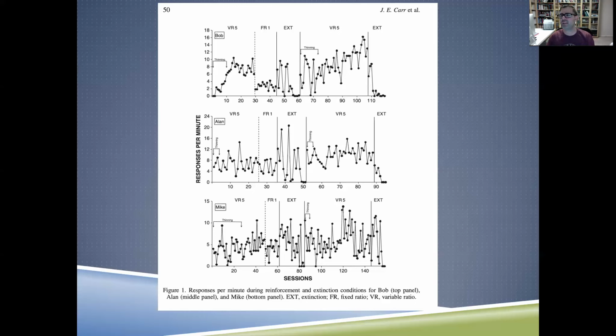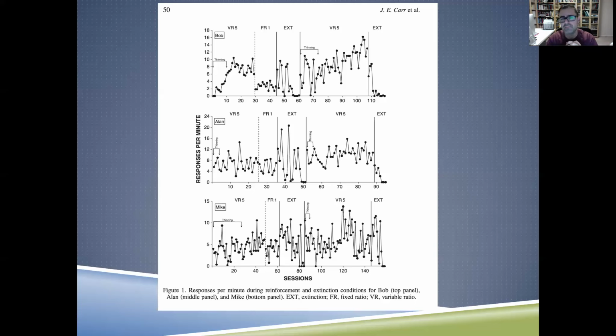And there was a previous study that we were following up on, and they found very similar results. They found that extinction actually was always faster when it was the second extinction, and using this interpolated reinforcement or fixed ratio 1 interpolated between VR5 and extinction didn't really do anything, even when it was applied in the first or the second extinction.